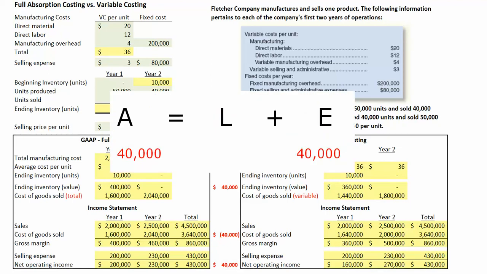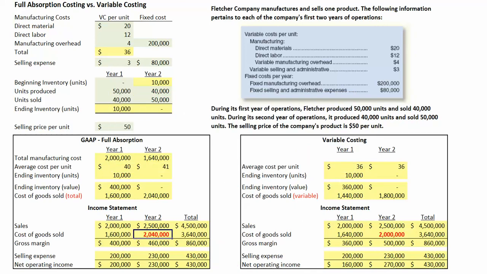The higher asset value, inventory value of $40,000 is offset by higher net income, which translates into higher retained earnings of $40,000 as well. Of course, this additional $40,000 value associated with our inventory flows through to the income statement in year 2, since in year 2 we have no inventory left on hand.